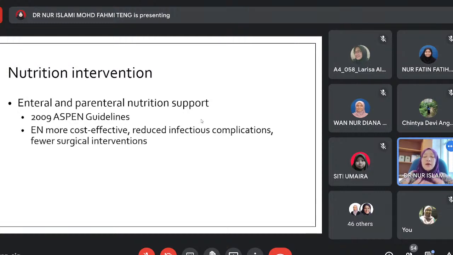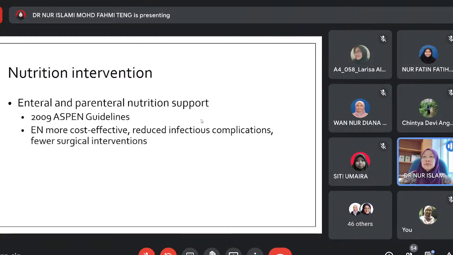Of course, as dietitians, if possible we want to give all oral nutrition. But sometimes when the patient really cannot meet the requirement, we must suggest enteral nutrition support.